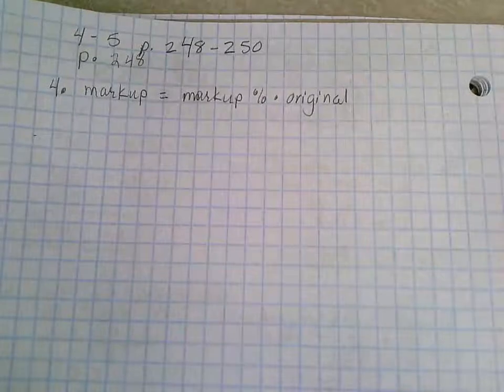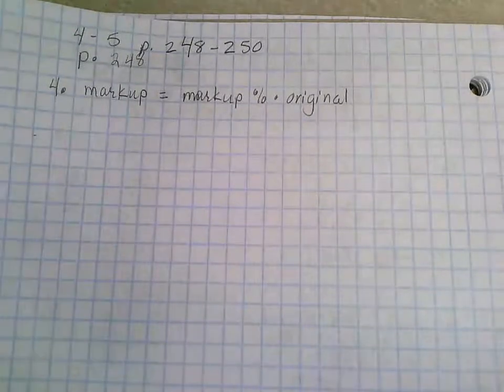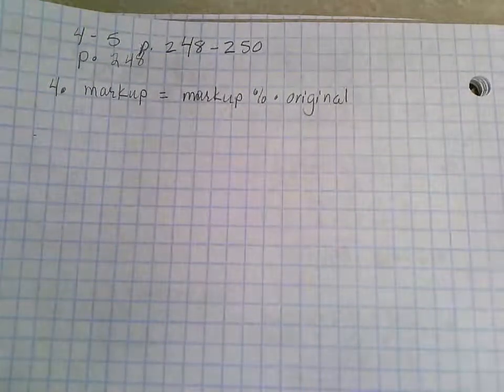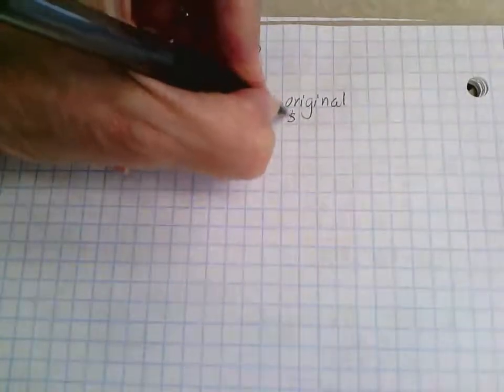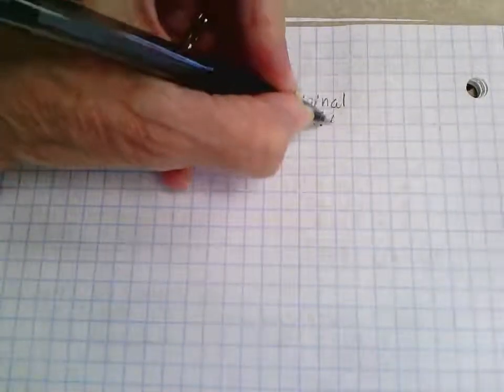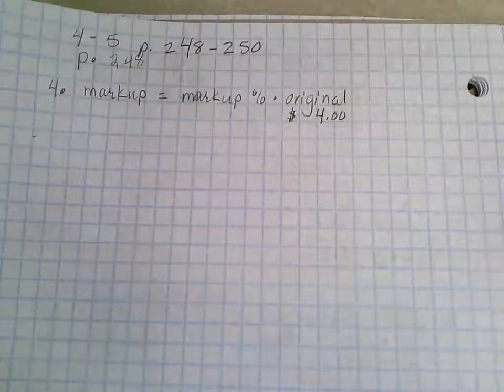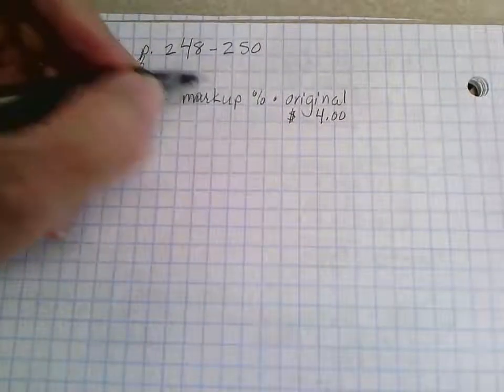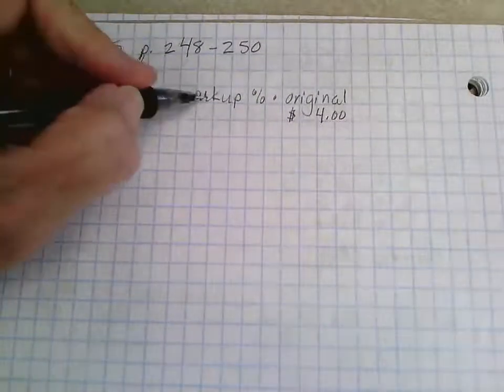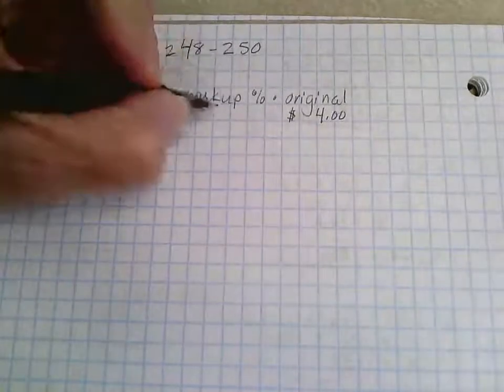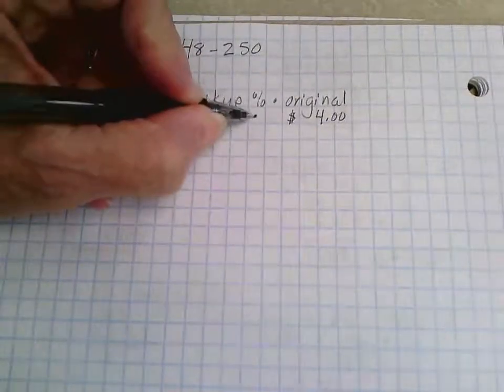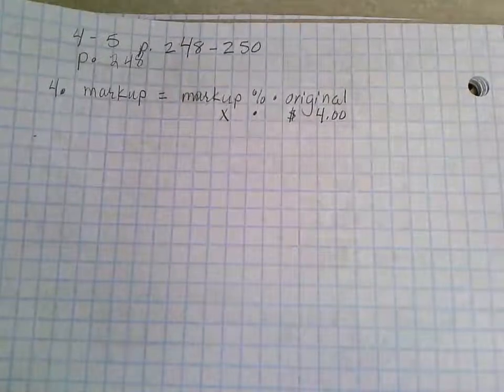They told us that the original cost of the item, these flip-flops, is $4. So we know that. And we don't know the markup. That's what we're trying to figure out, or the percent markup. What percent is this sales tax in this city or state?